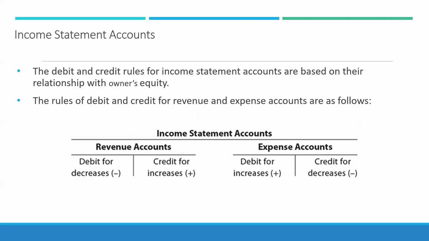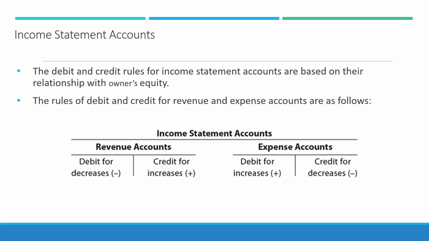So what you think about is revenues increase owner's equity, don't they? So since revenues increase owner's equity, you're going to credit revenues to increase and you'll debit revenues to decrease. Expenses do what to owner's equity? They decrease owner's equity, don't they?